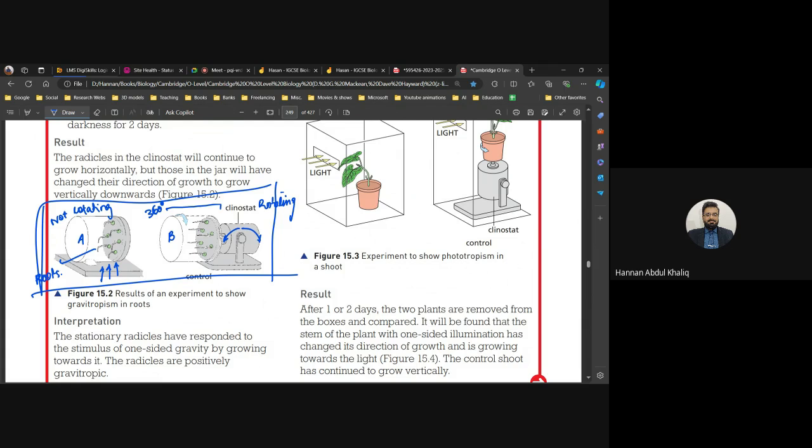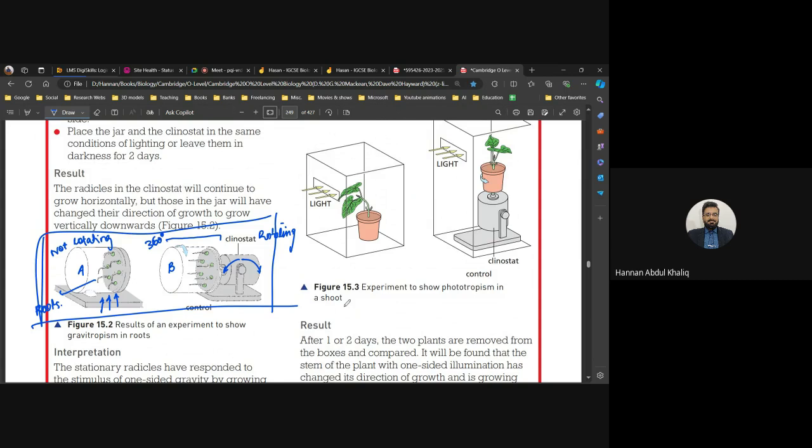Now look closely at figure 15.3 and see what's happening here. You have to look very closely. Remember, there are a few things that if you miss, they would lead to wrong conclusions.